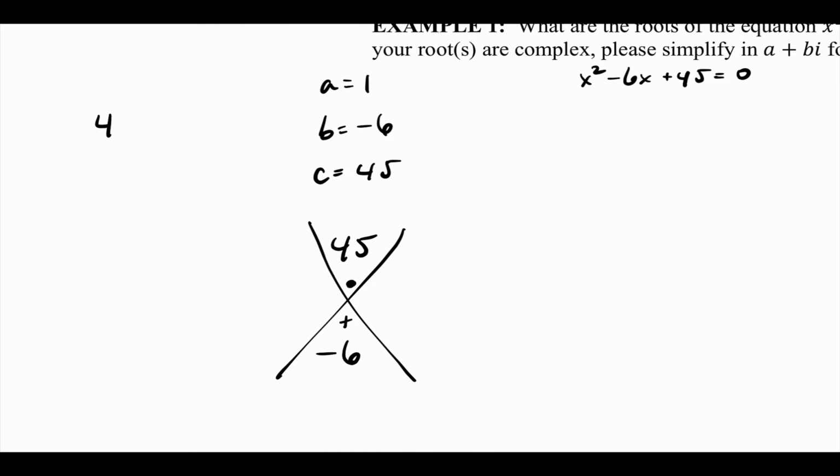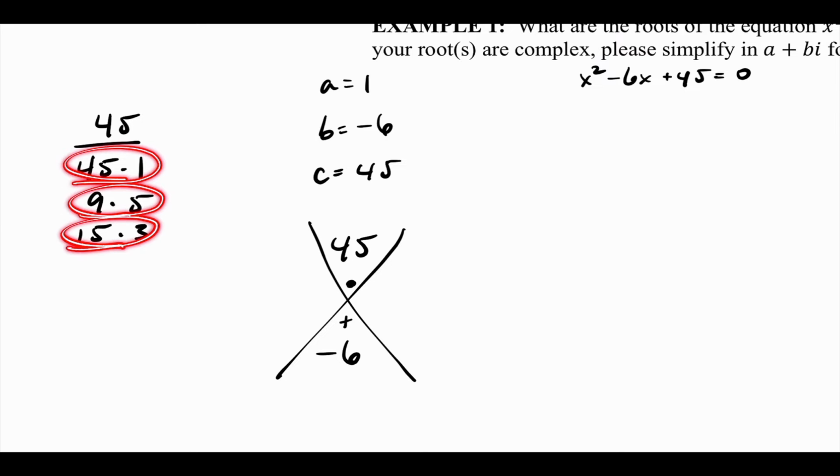Okay, so I need to make a list of all the numbers that make 45. There's not many. 45 and 1, 9 and 5, 15 and 3. I think that's it. Well, when I add those up, none of them make negative 6. They make positive numbers.